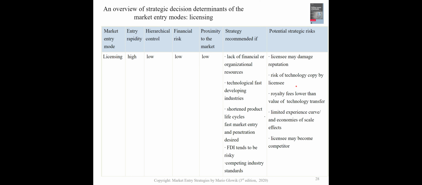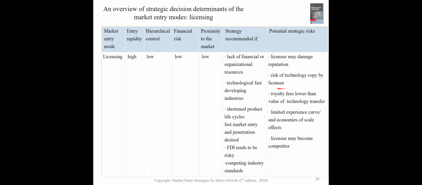And there's always a risk of technology copy by the licensee. When we sell that intellectual property, maybe the licensee will copy, will make light modifications, and then the licensee will launch an almost similar product in the market.